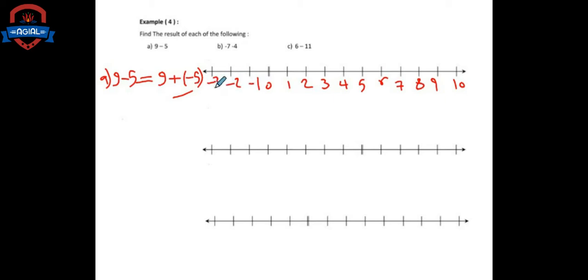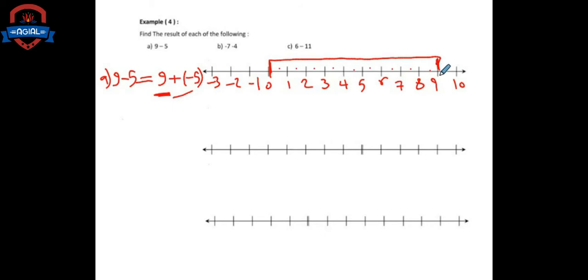Then from 0, we will move to the right because the sign of the first number is positive. So we move to the right the absolute value of 9, so 9 units. We have 1, 2, 3, 4, 5, 6, 7, 8, 9. So we stop at the number 9.